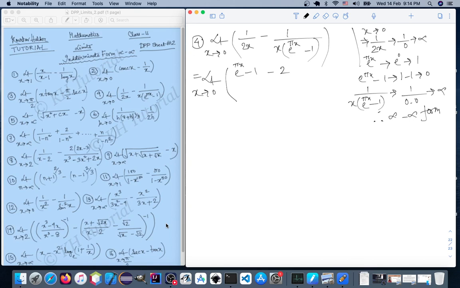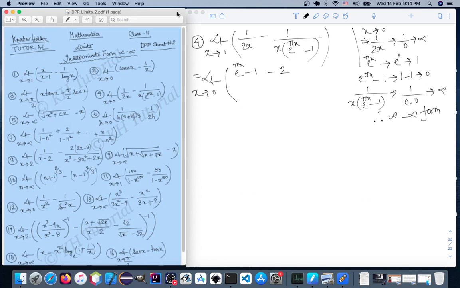Yeah, it will be e to the power pi x plus 1, not minus 1. So over here it is plus 1. I'm sorry for that.